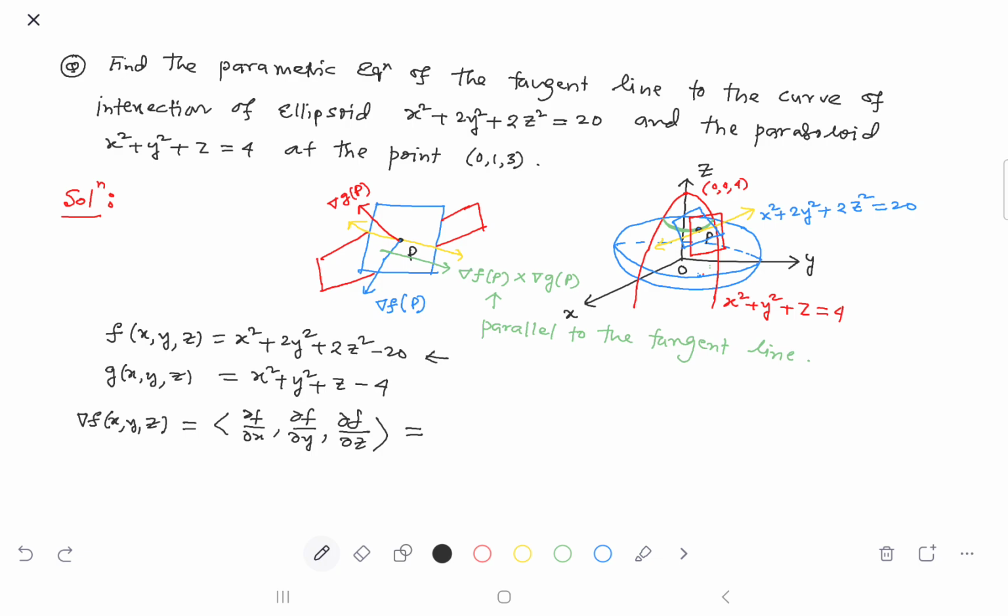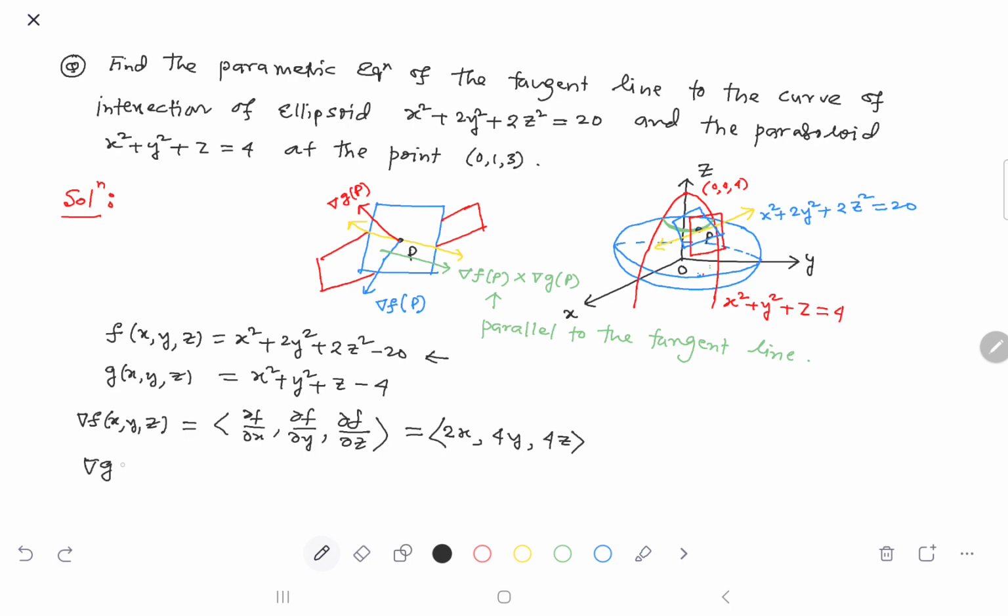Del f del x is 2x plus 0 plus 0, just 2x. What is del f del y? Del f del y is 4y. Very good. And del f del z is 4z. Very good. This is the gradient of f function.